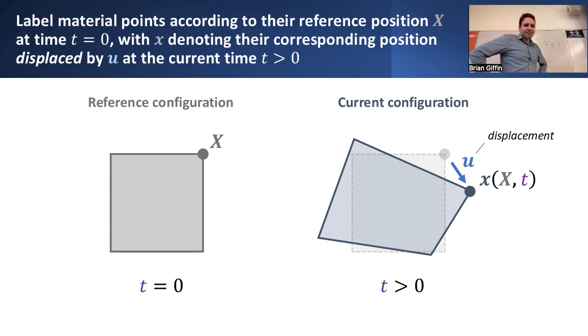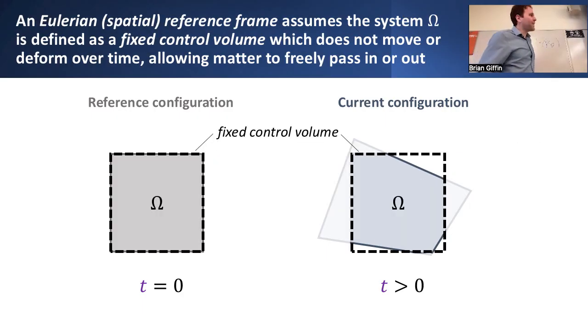So all of this really comes to the question of how exactly we define these different system volumes of interest. If we're trying to define some kind of fixed volume over which maybe material can come in, maybe material can leave, but my perspective always remains fixed. In other words, I could choose to define my system volume, omega, as just a fixed window in space.